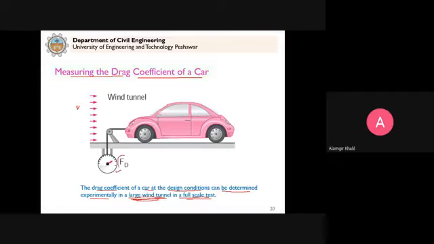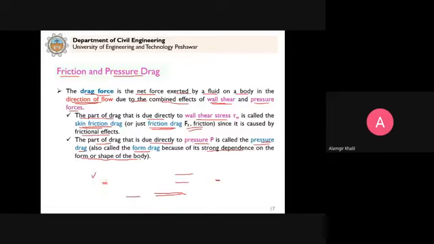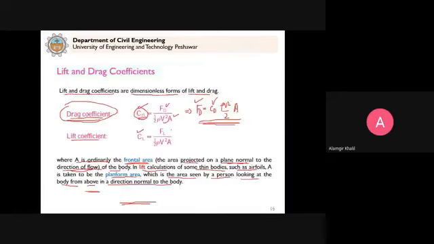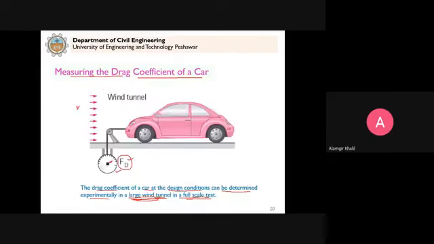So we can calculate this FD. And the area, as we already discussed, you can approximately calculate for this car. And once we know this V, FD and the area in this equation here, then we can calculate the drag coefficient. Clear? So this is an experimental setup for how we can proceed to measure the drag coefficient. Clear?